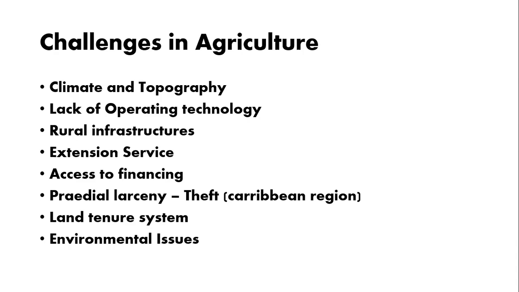They destroy around 10 to 20% of the production of some crops. And the land tenure system is also one of the main challenges, because land sizes are continually reducing with the years. Land size means the amount of land owned per person.